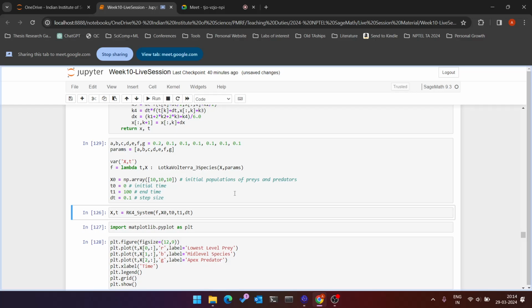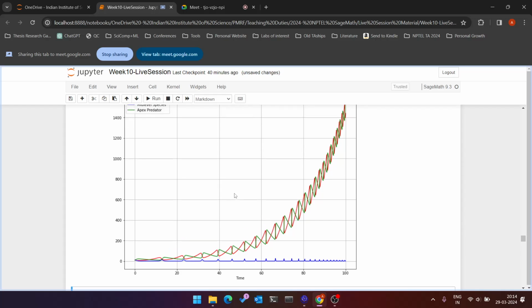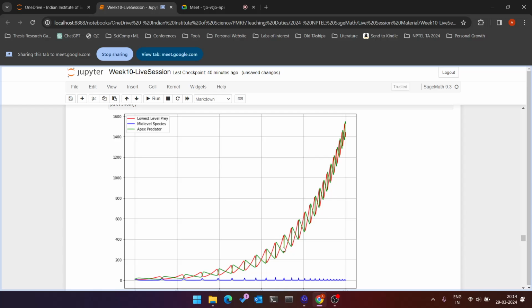If I double this, what I see is an interesting behavior wherein the lowest level species keeps on increasing and the apex predator follows it, but the mid-level species doesn't go beyond a certain value.